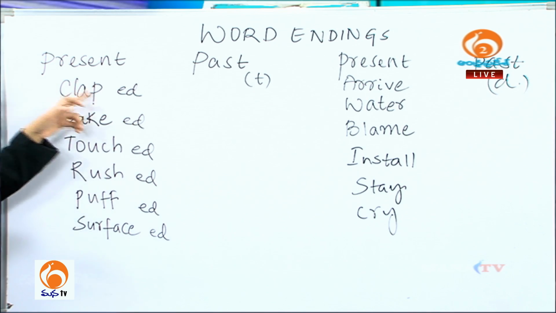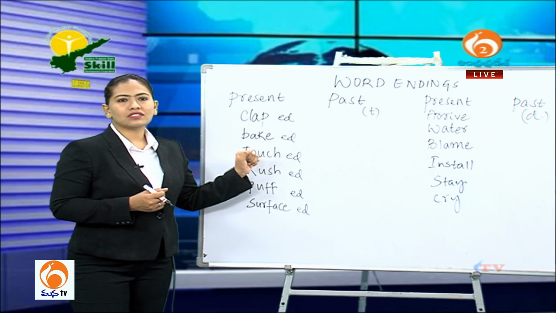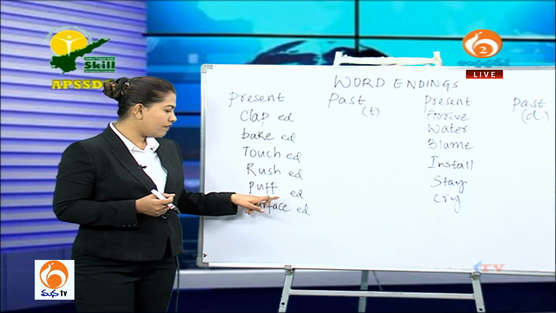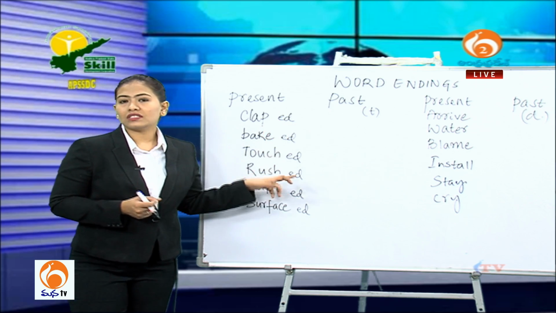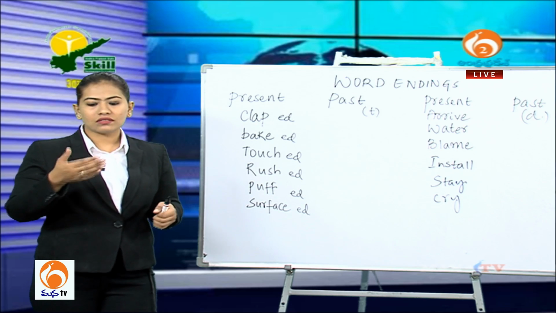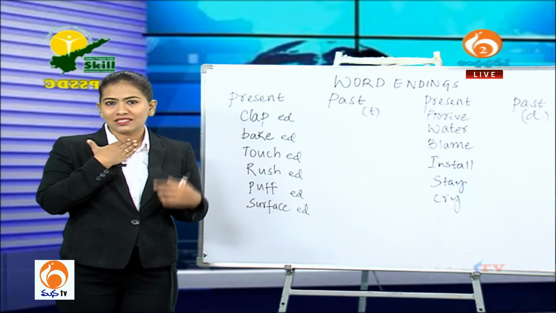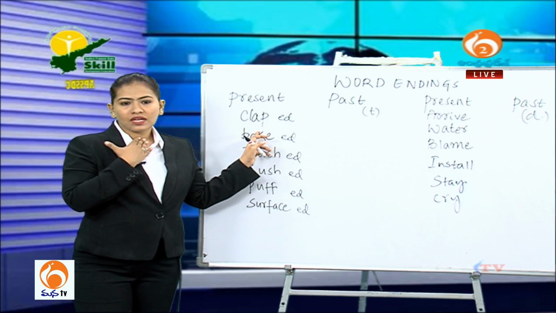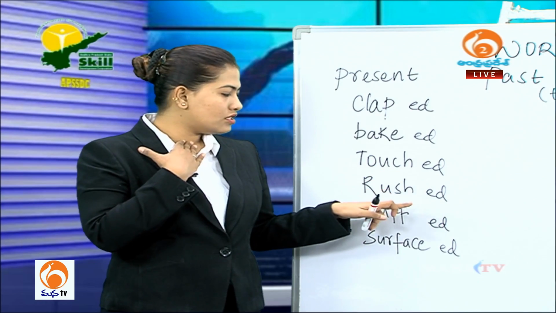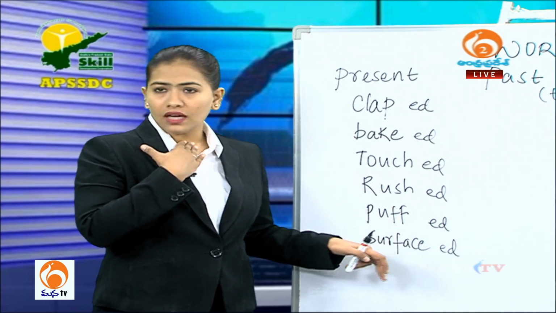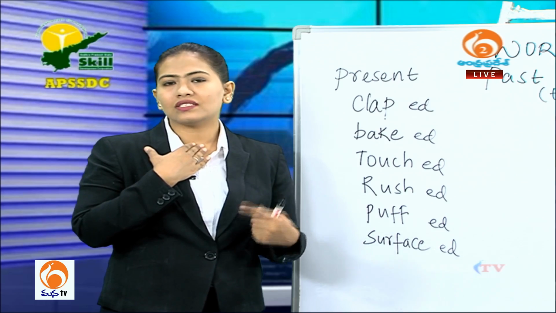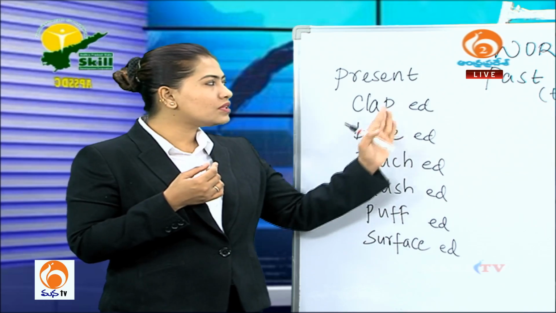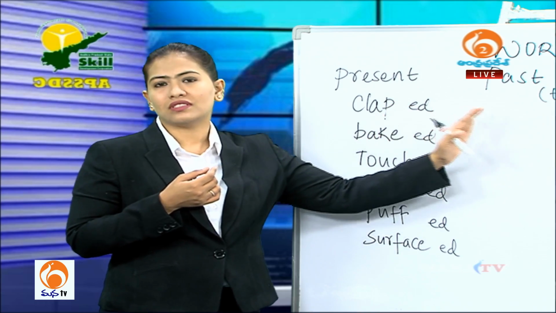For example, these words end with consonant sounds such as p, k, ch, sh, f and s. All these are voiceless sounds. When I say voiceless, I would recommend you hold your hand on your throat and sense if there is a vibration. Sounds such as p, k, ch, sh, f and s have no vibration to them. Hence, these are voiceless, devoiced sounds in the English language. So these words with the past tense ed form will take the pronunciation of the t sound.